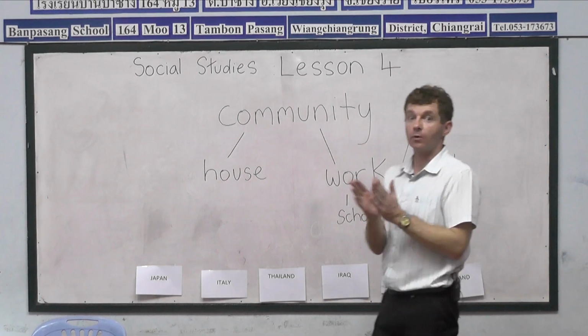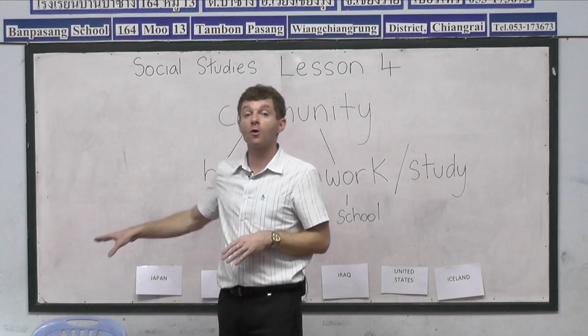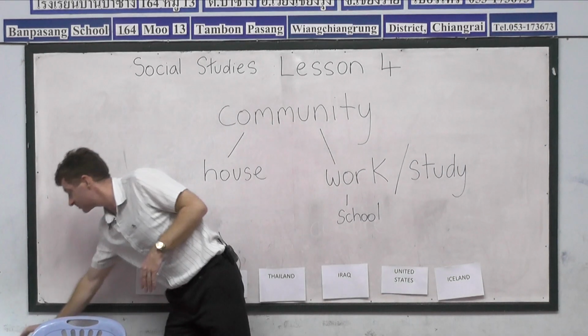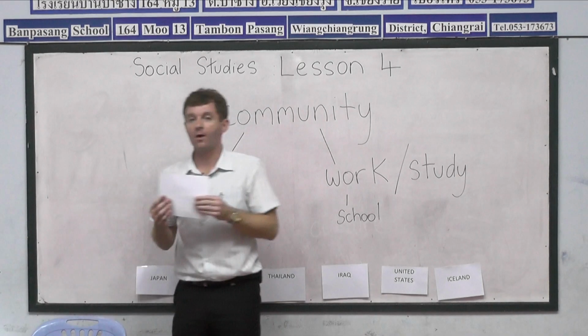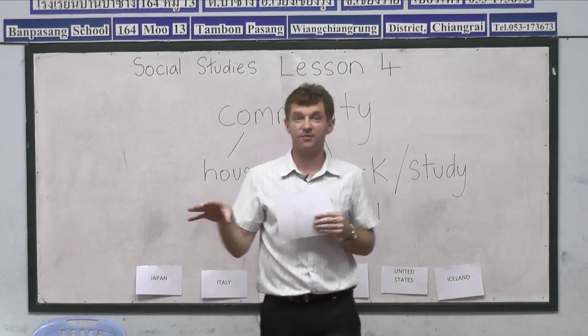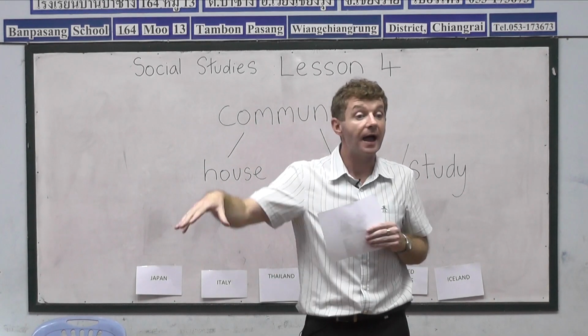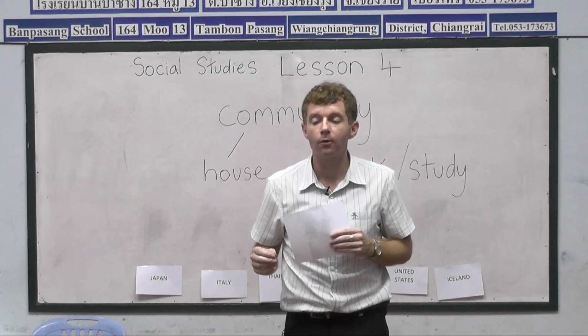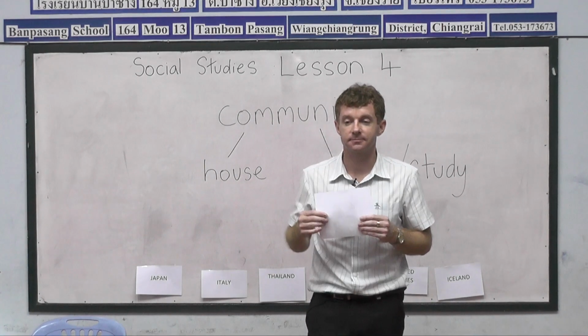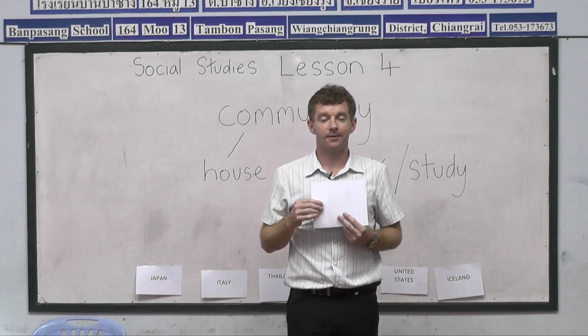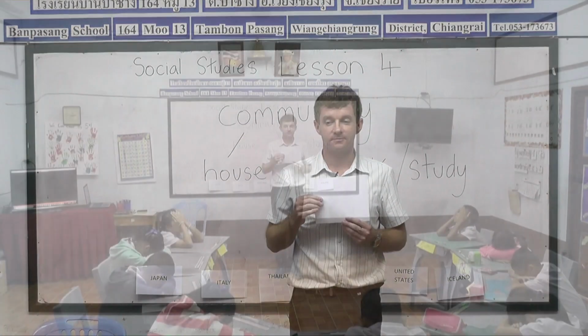And now what we're going to do is we're going to take the pictures of each different activity. It could be work or it could be a home. Ask your students to close their eyes. Close your eyes.